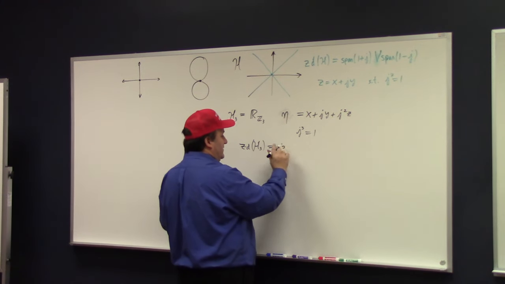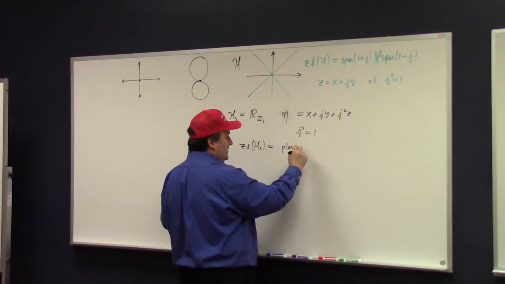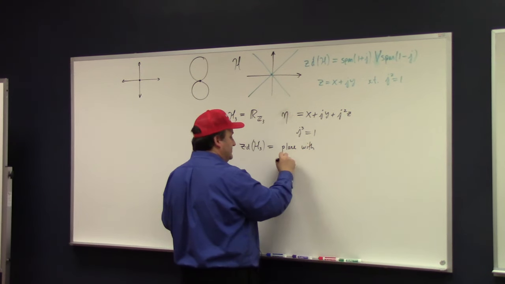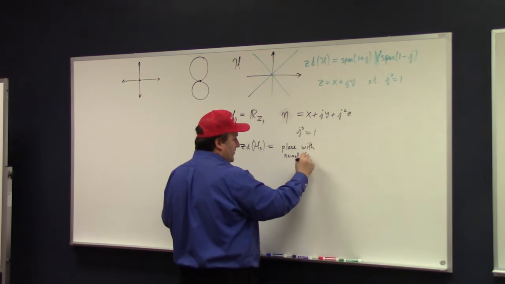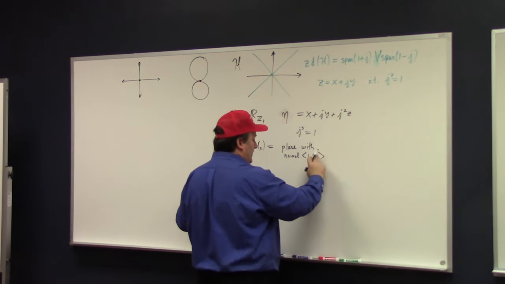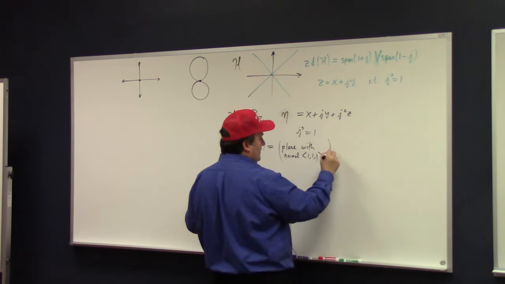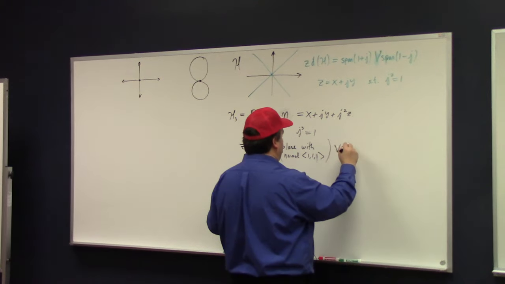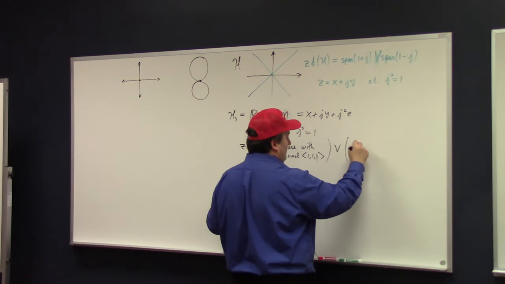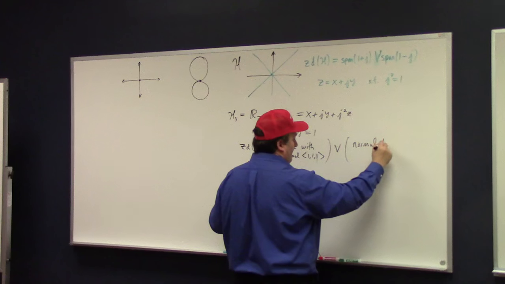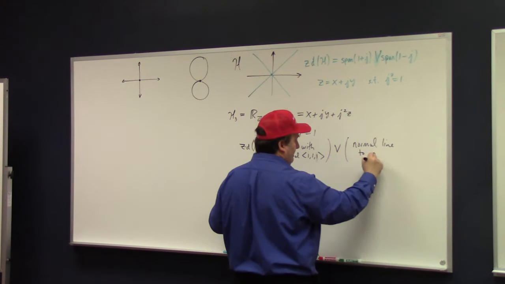I'm trying to think of a good way to, let me just say it geometrically. It's the plane with normal (1, 1, 1), wedge summed with the normal line to the plane.